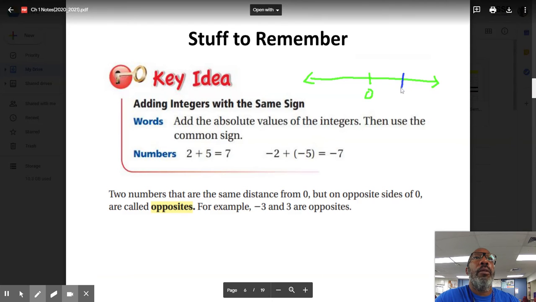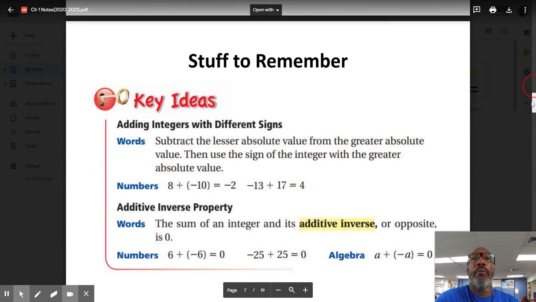If I want to know what's the opposite of -6, you would say 6. Or if I said, what is the opposite of 6? You would say -6. All right. So that's that part.